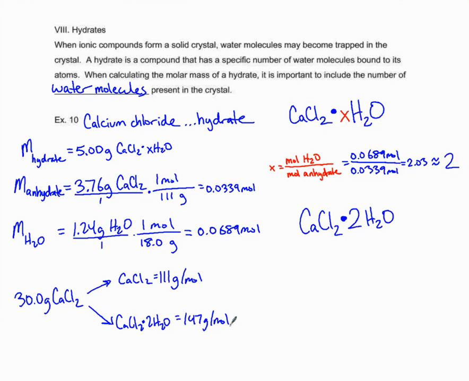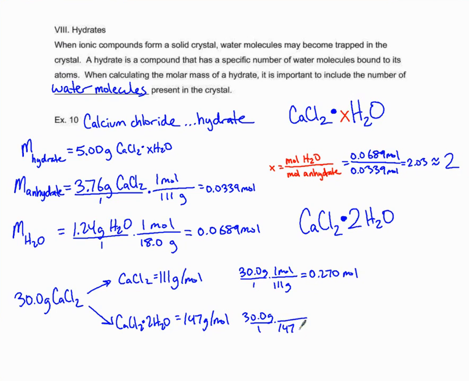And here's how it affects us. If I think that I'm adding 30 grams of calcium chloride, here's how many moles it is using the anhydrate formula, and it's 0.270 moles. This is the amount that I think I've added. But look at the hydrate.